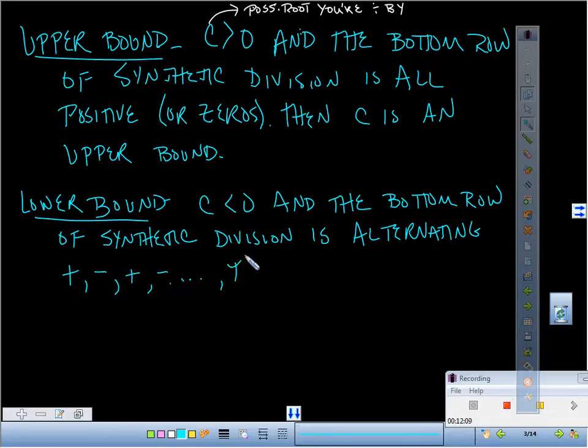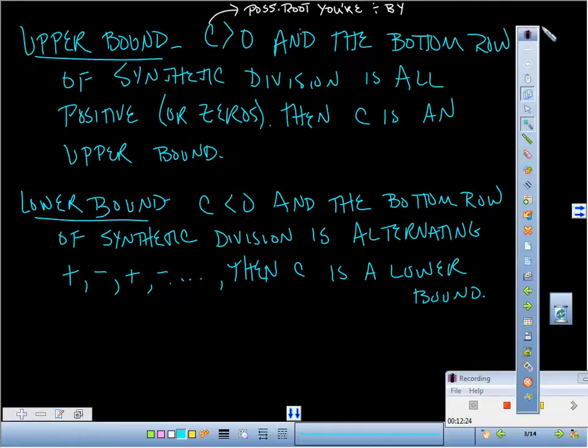Then C is a lower bound. Okay, so this is what it means when it's a bound.